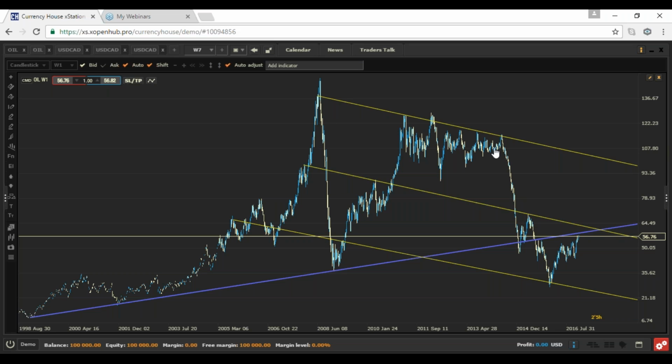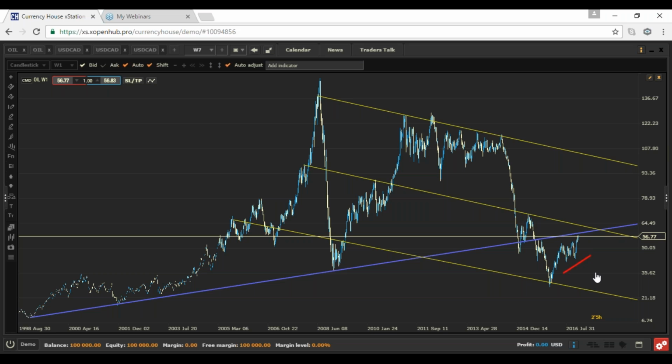We can see a sell-off starting from early 2014, and a huge massive downside movement from the year 2013. So all of this movement that we observed in the last several months is just a correction, just a retracement.